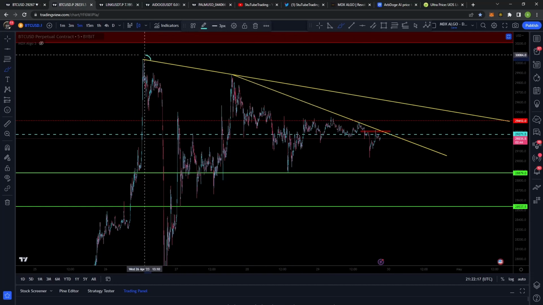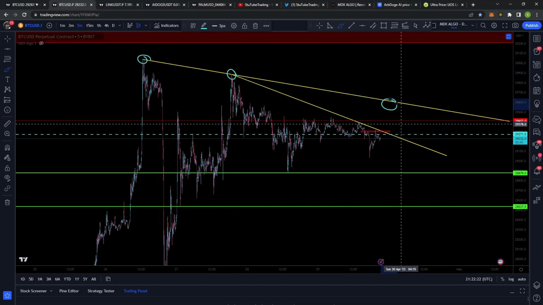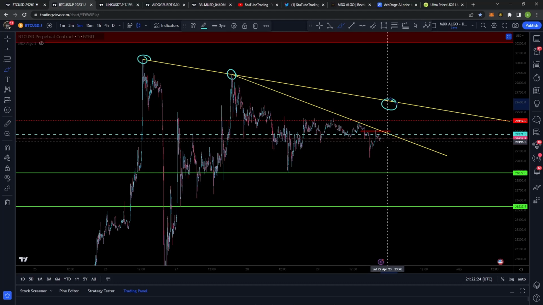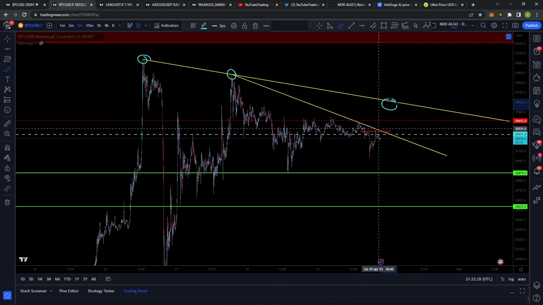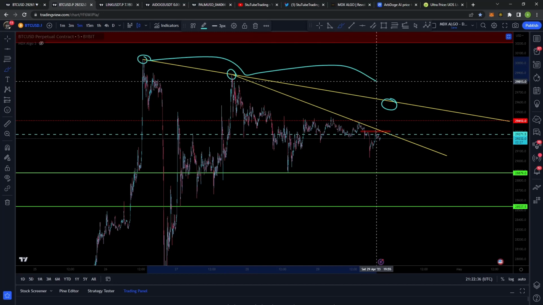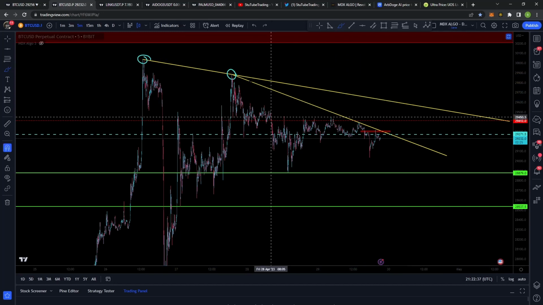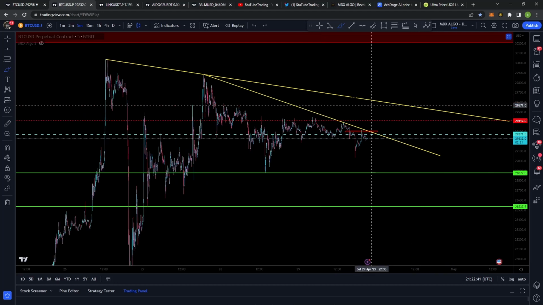I already have this line mapped out, just looking for a potential third touch point along that line. If I ended up getting into some kind of a long position, if we break this other downtrend, and then get some kind of a move to the upside, I would definitely have this downward sloping diagonal line on my radar, just because I think these two wicks here might be hinting at where the price could be going.